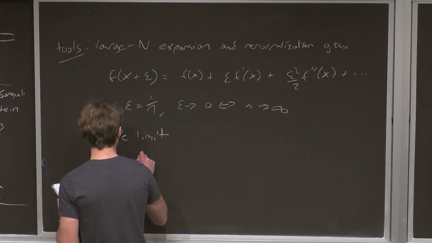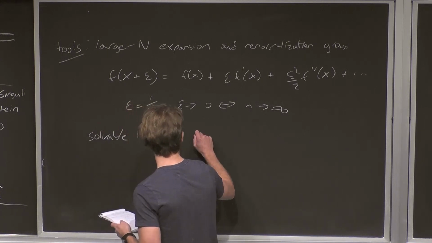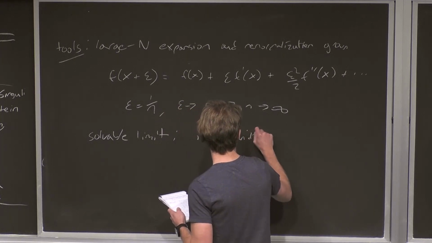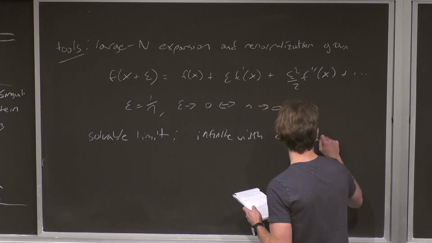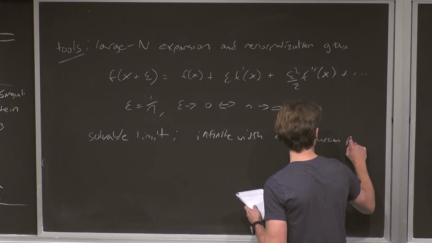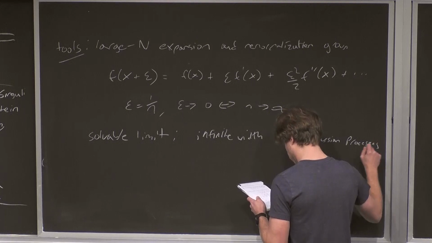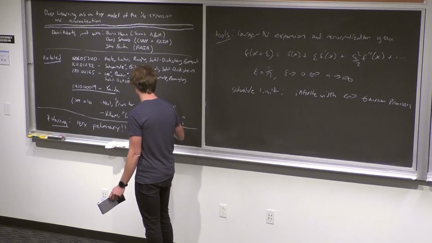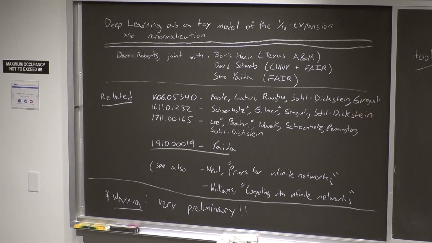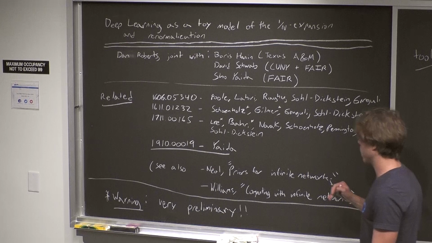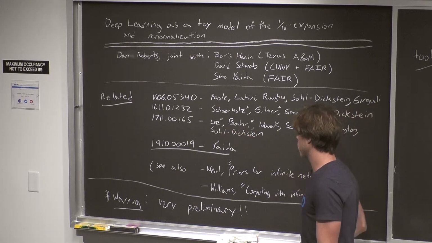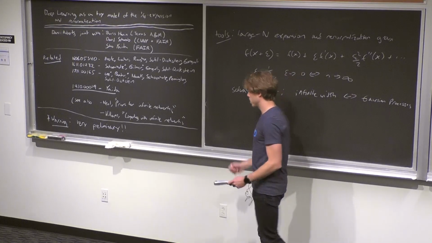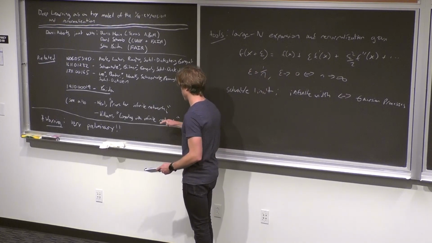In which case there's an identification of infinite width neural networks with Gaussian processes. And that was, I believe, first analyzed in this old paper from the 90s by Neal for single layer networks, and then was extended in this paper in 2017 for deep networks.